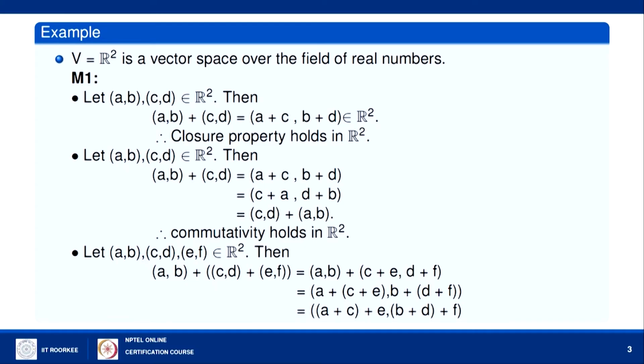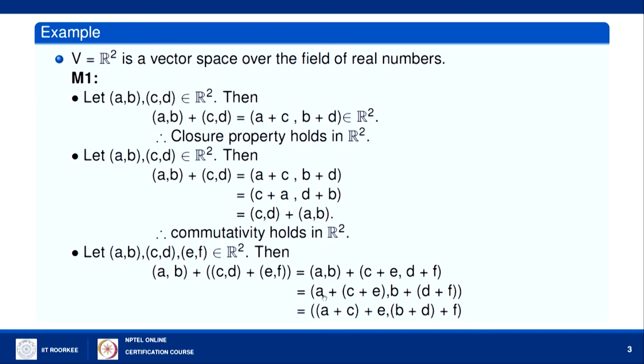then first I am adding (c, d) plus (e, f), and then whatever result I am getting, I am adding (a, b) into it. So, it will become (a + c + e, b + d + f). Now, I can write it as ((a + c) + e, (b + d) + f).